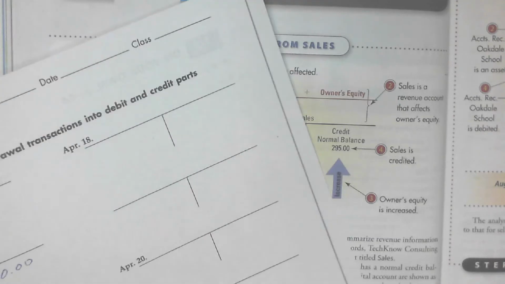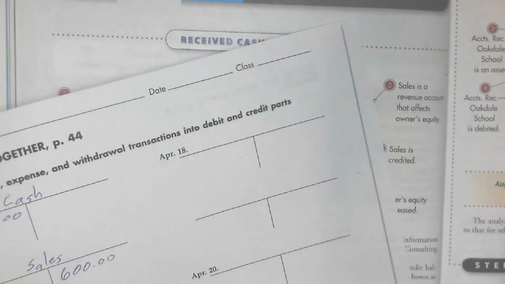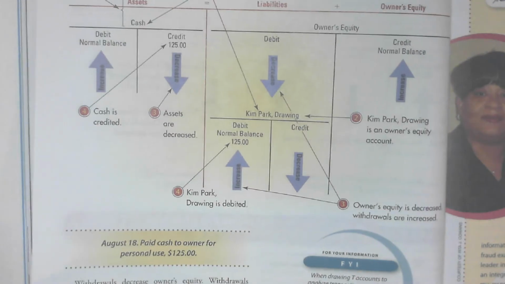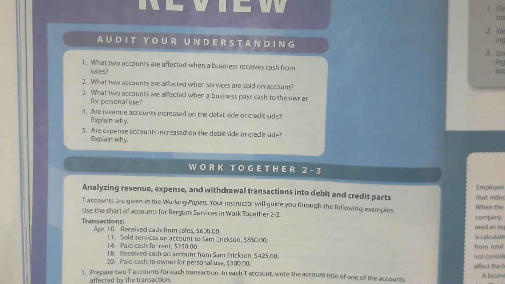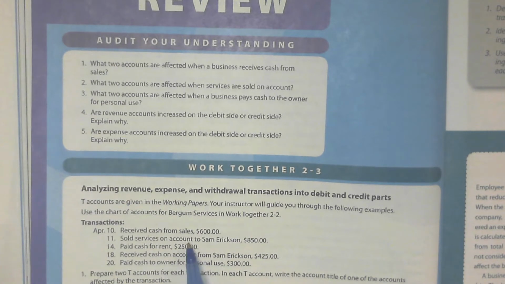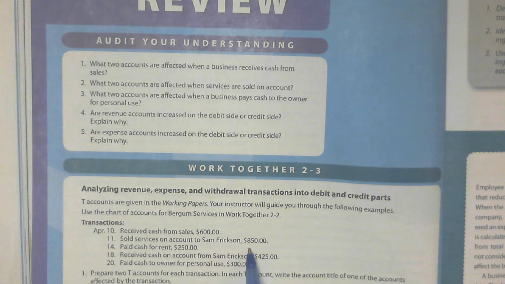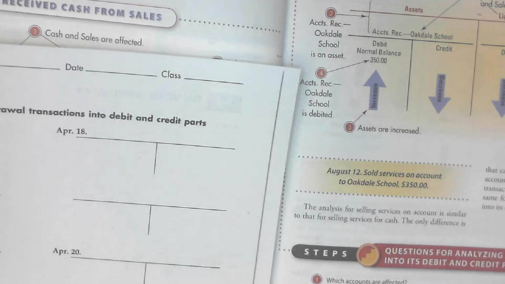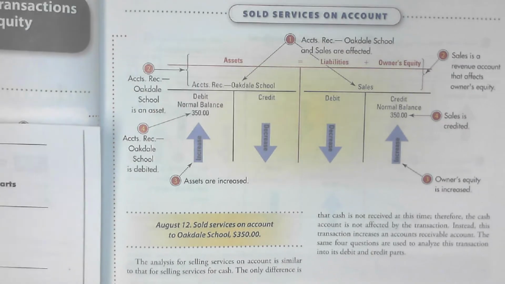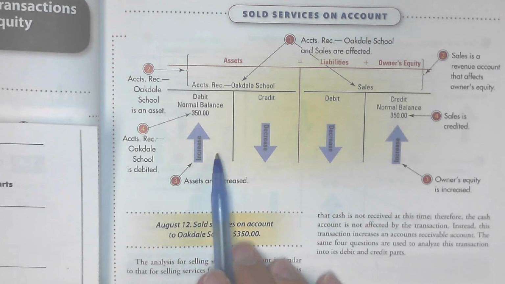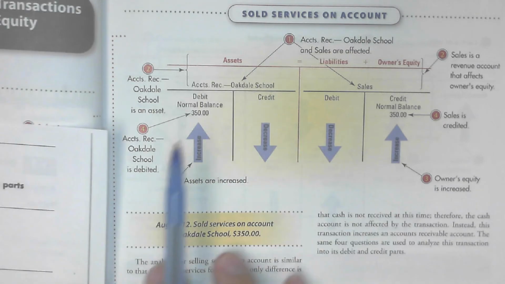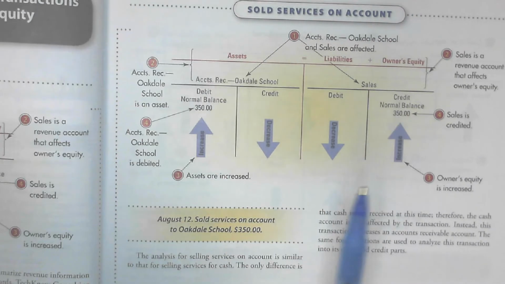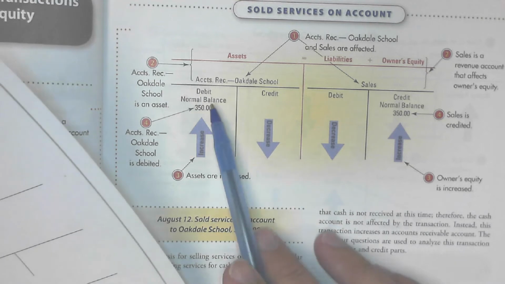So then our next one, I'm going to guess it's sold services on account because that's the next example in the book. Yep, sold services on account to Mr. Erickson for $850. So that was going to be accounts receivable.